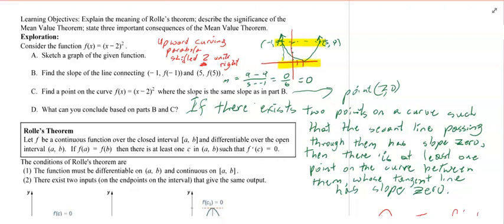Using the slope formula, m is equal to f of x sub 2 minus f of x sub 1 over x sub 2 minus x sub 1, where x sub 1 is equal to -1, f of x sub 1 is f of -1, which should be equal to 9. x sub 2 is equal to 5, and f of x sub 2, f of 5, is equal to 9.